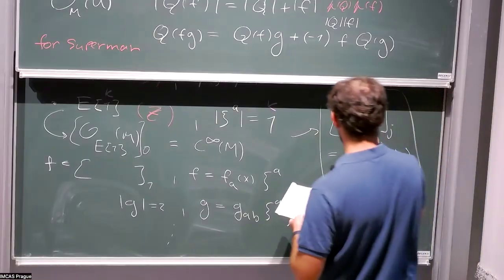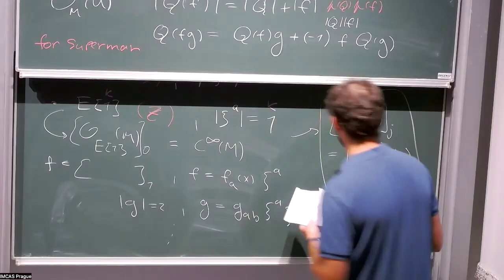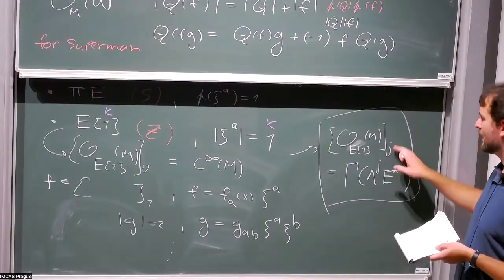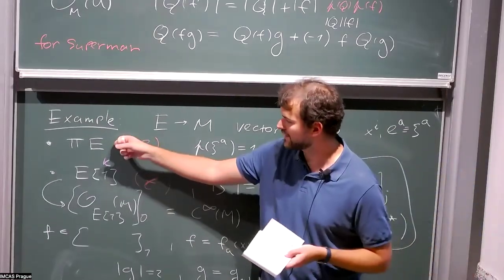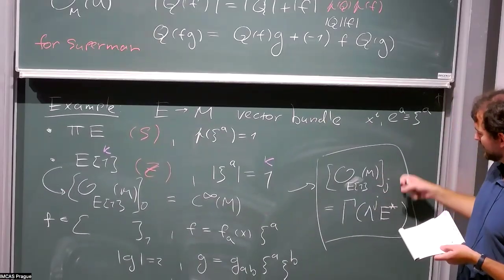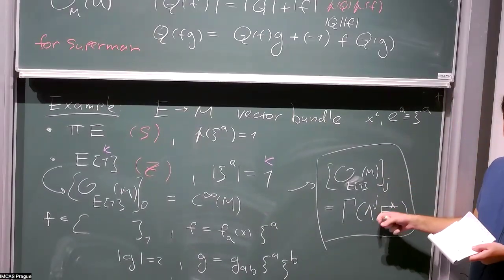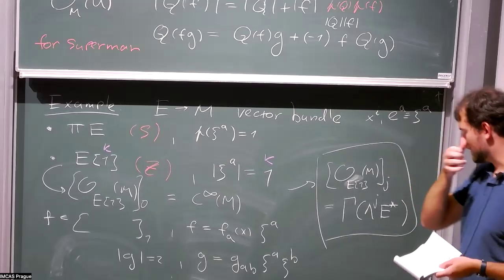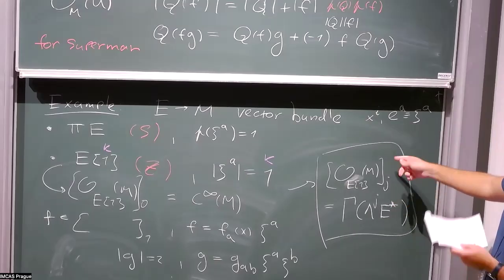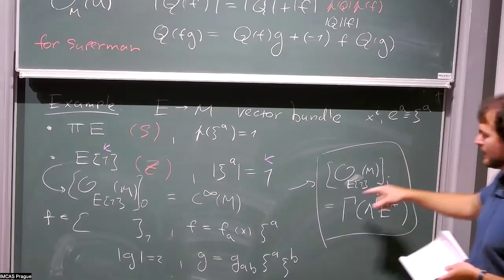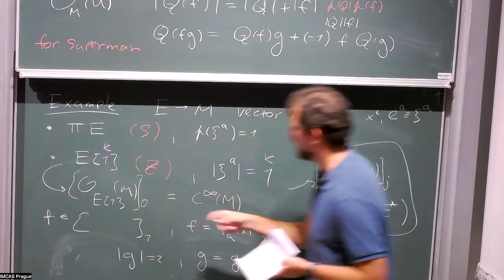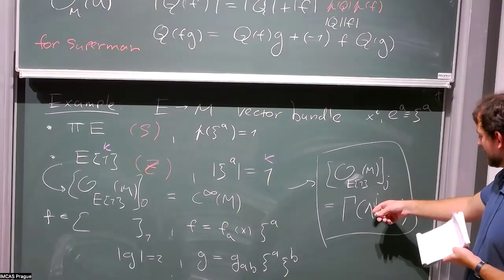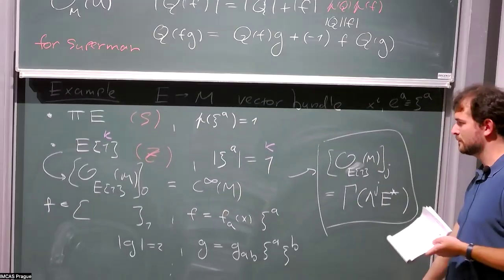Okay, and from this, you can maybe see why I like this grading better than the super grading, because here we explicitly see that the functions of degree j are the jth exterior power. Right? The super grading would only preserve the parity. But I mean, the result is the same, mostly. It is the same. So the functions on this graded manifold are sections of the exterior power of the dual. Okay.